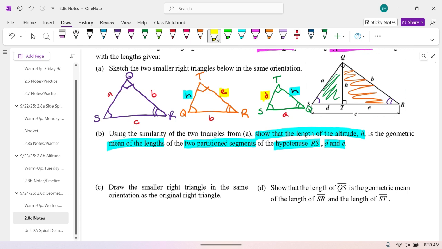What would be my first proportion with two corresponding sides? So similar to what you did this morning with the warm-up. Two corresponding sides. What's one proportion with two corresponding sides? Okay, you're just using the letters.